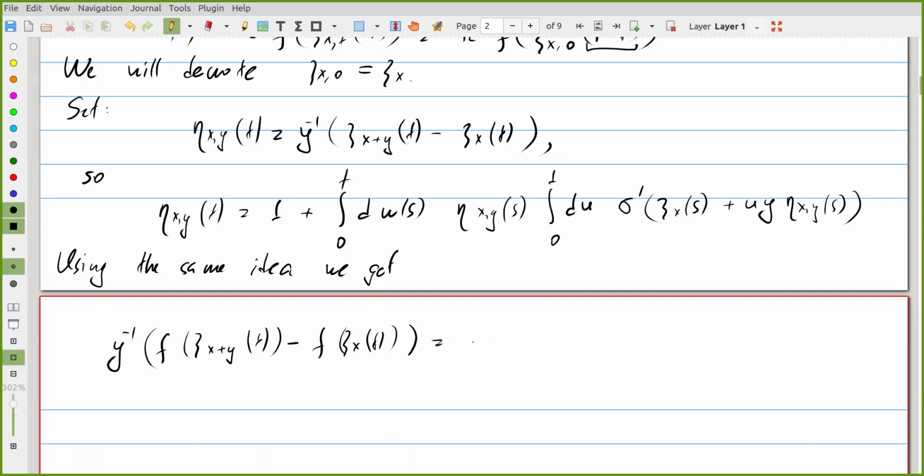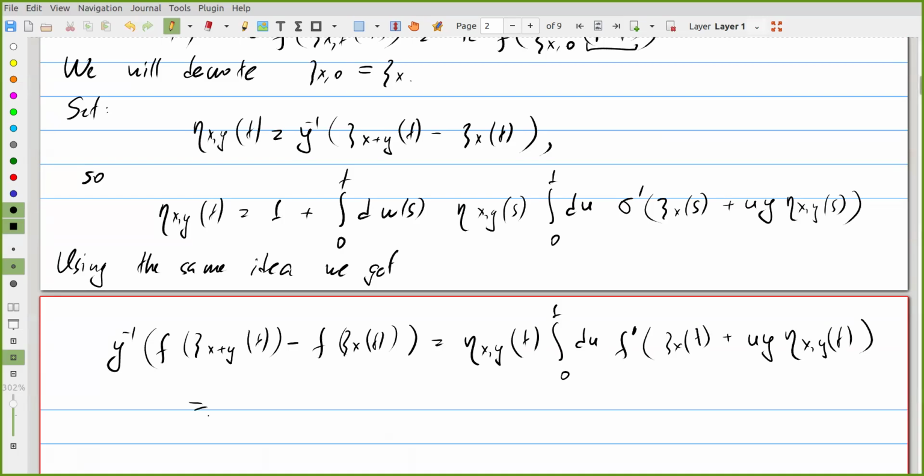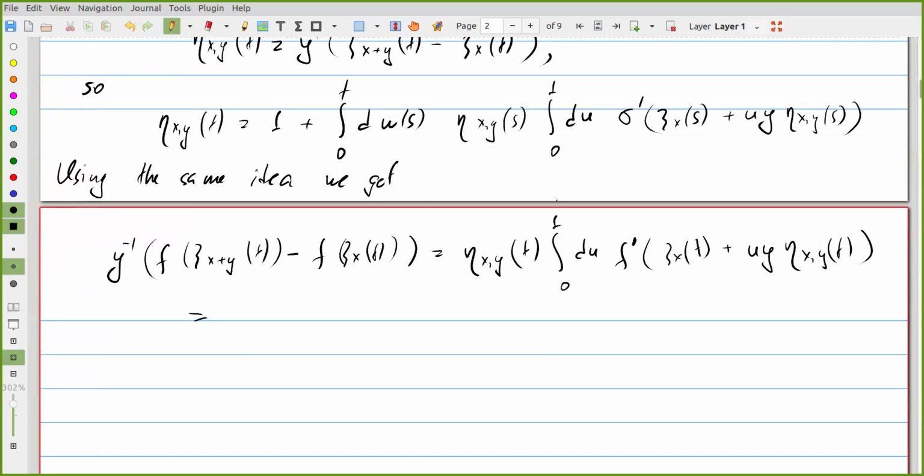To obtain this, this equals just eta xy of t times the integral from 0 to 1 du of f prime of psi x of t plus u y eta xy of t. So essentially, we just applied the same thing here, but for f instead of sigma.